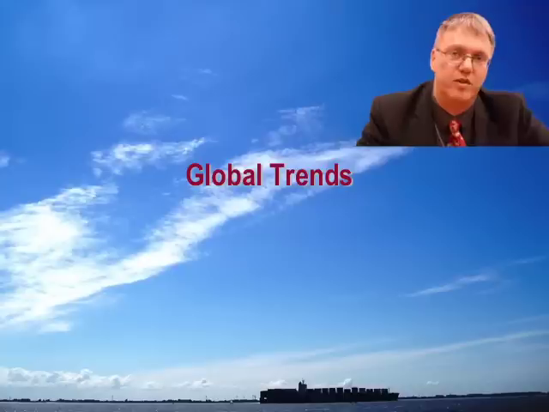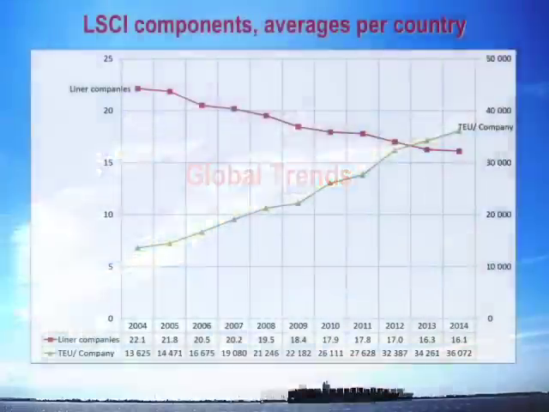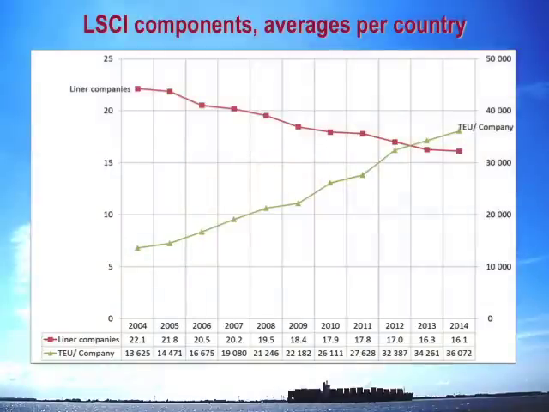Some global trends, now looking at the components. This one could go into more detail and look at each country, but we don't have the time for this. Just globally, we see that on average per country, we have fewer companies providing services, but more capacity per company. So this is two sides of the same coin, the process of concentration. Fewer companies and more ship cargo carrying capacity per company.